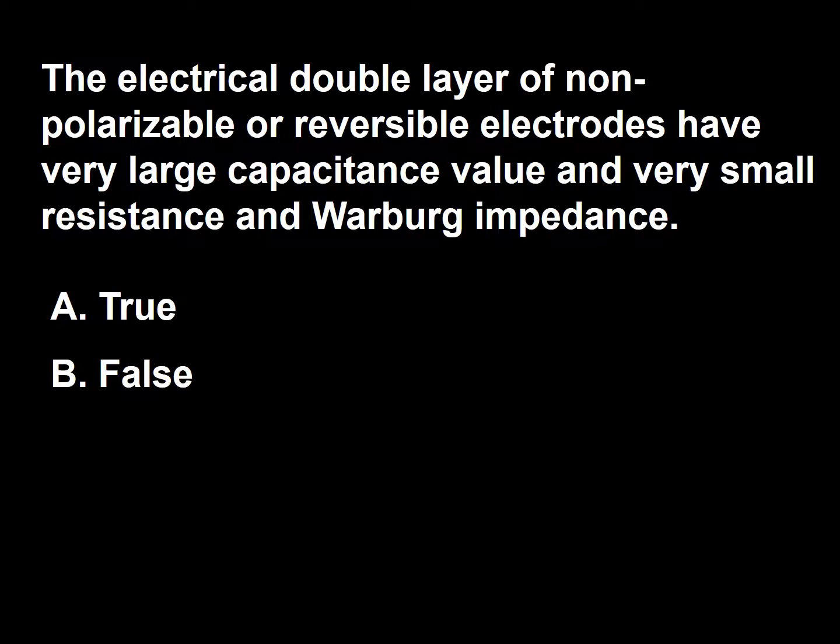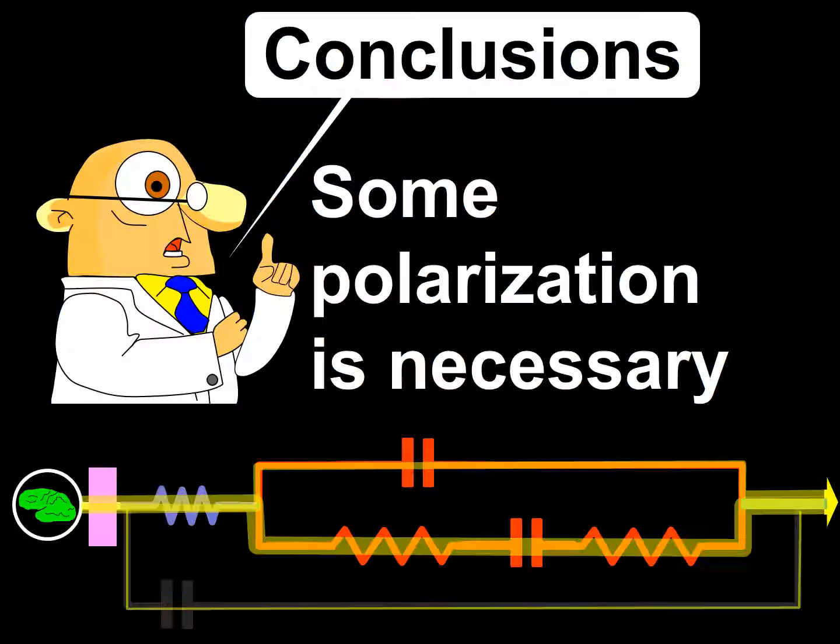The next question is: the electrical double layer of non-polarizable or reversible electrodes has very large capacitance value and very small resistance and Warburg impedance. A true, B false.